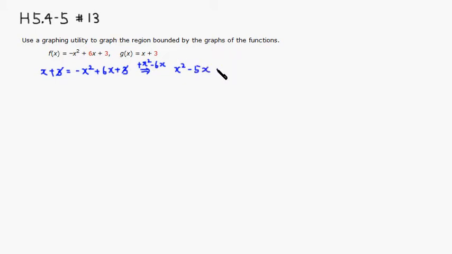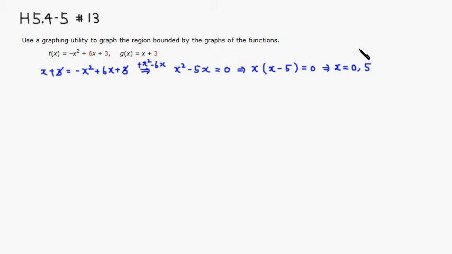So everything is on the left, and you have 0 on this side. Then factor out what's in common. x is in common, so pull out x. Then you have x minus 5 is equal to 0. So you can see that x is going to be equal to 0 and 5.